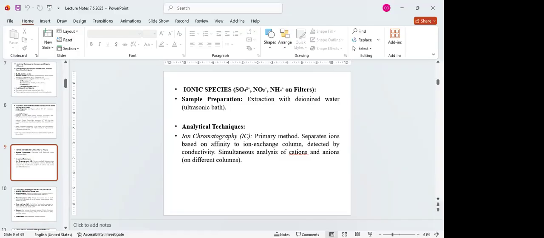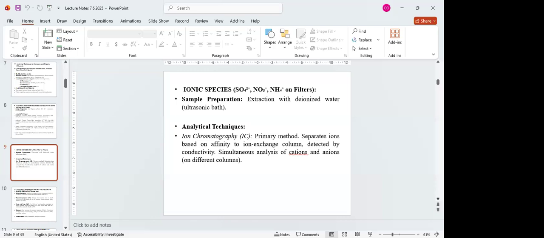So in the ion exchange column, there is a tendency for the ionized material to be trapped or released as it flows through, and it is detected by conductivity, how much of it comes in. For example, when there is a positive and negative charge, there is a current flow. This current flow is what is used in the detection of the ionic species.